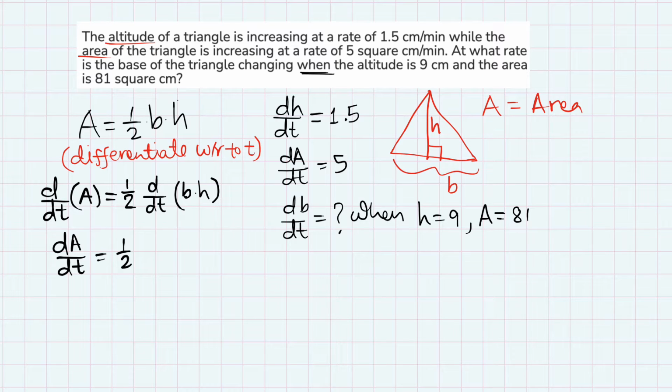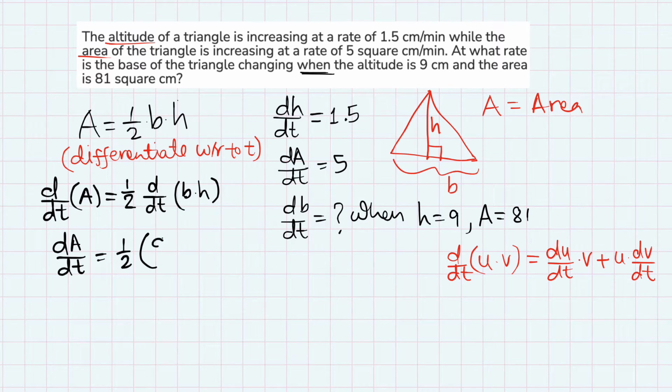What is the product rule by the way? When we have u and v, the derivative is derivative of first factor times leave second alone, plus leave first alone, find the derivative of second. So 1/2 times everything, so derivative of b, dB over dt times h plus leave b alone, dH over dt. That is from the product rule.